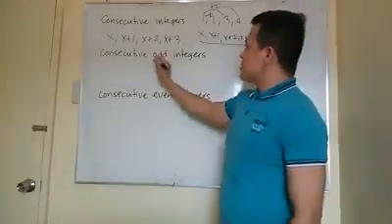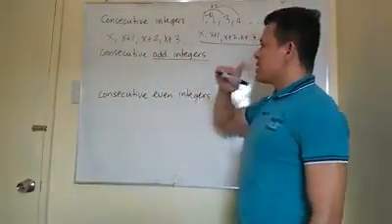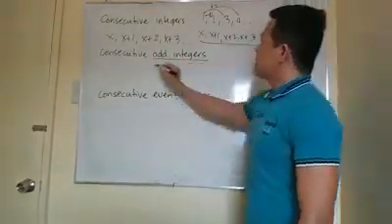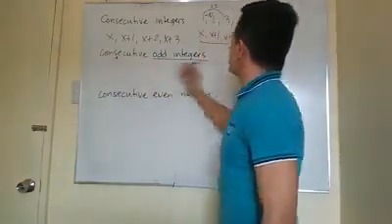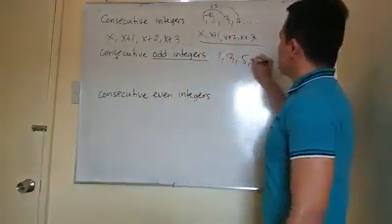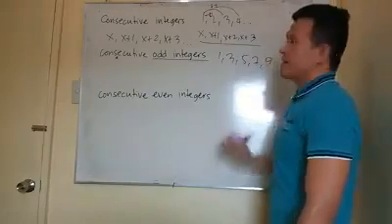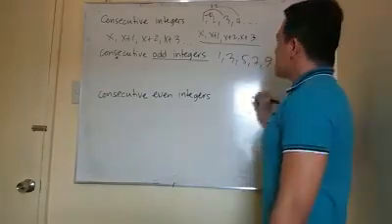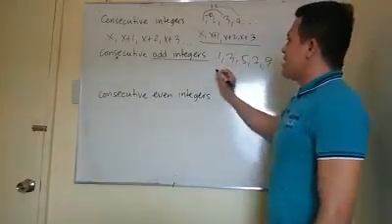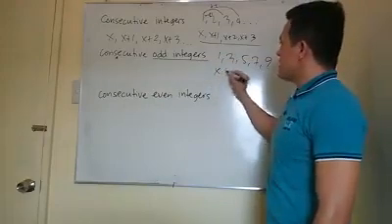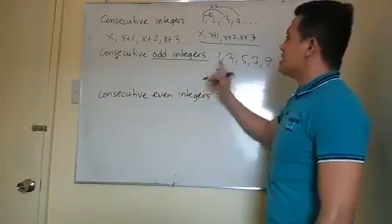Now, the next one would be consecutive odd integers. Odd integers are 1, 3, 5, 7, 9, and so on. For you to represent this algebraically, shall we say the first odd integer is x.